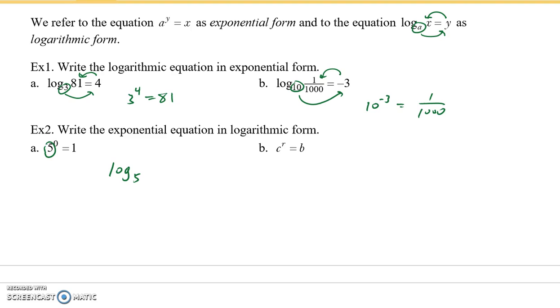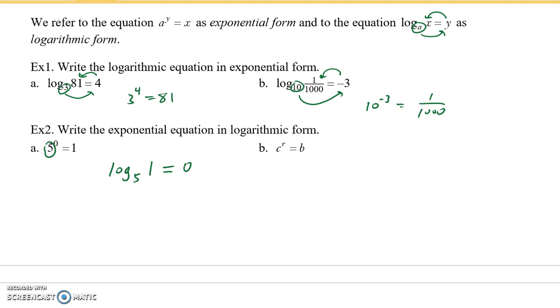Okay, the next thing I'm going to do is say, what is the value of the logarithm? What's it equal to? Well, the value of a logarithm is whatever the exponent is. A logarithm is an exponent. So the value of this logarithm would be 0, because that's what our exponent is. And then what we put in here is a 1.